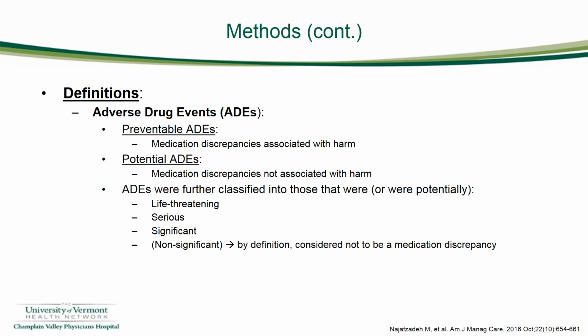They also considered non-significant, but this was scratched because by definition, an ADE that's non-significant cannot be a medication discrepancy. So this was removed from the further stratification of ADEs in this study.